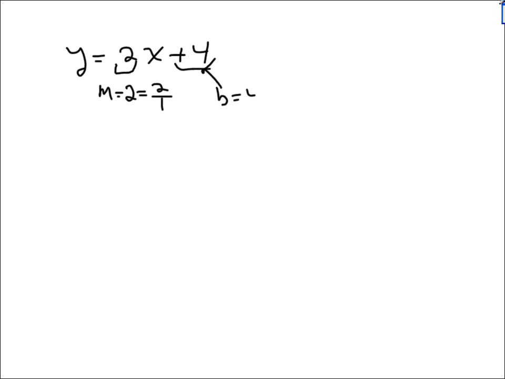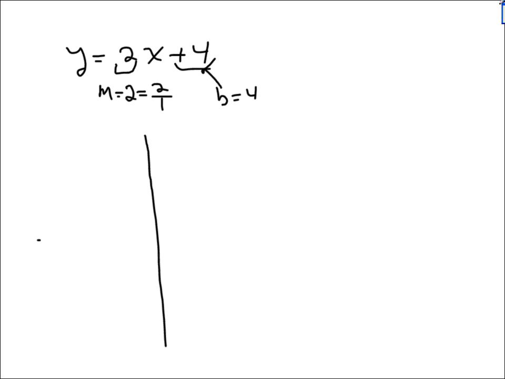So now we have a new way of graphing a line. We don't have to find, say, 3 can be realized or thought of as 2 over 1, and you know that b, the y-intercept, is 4.